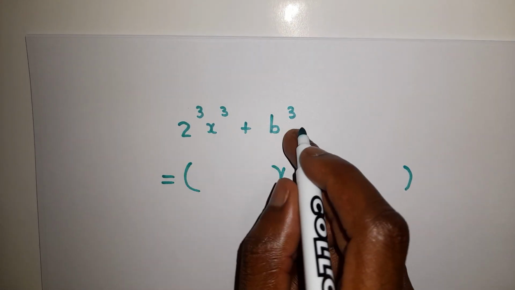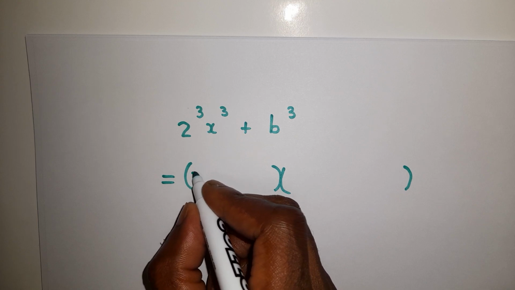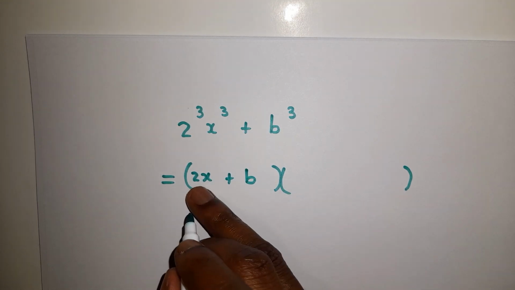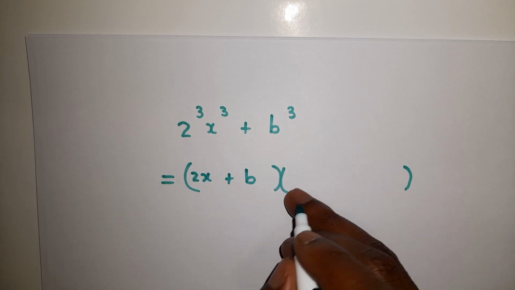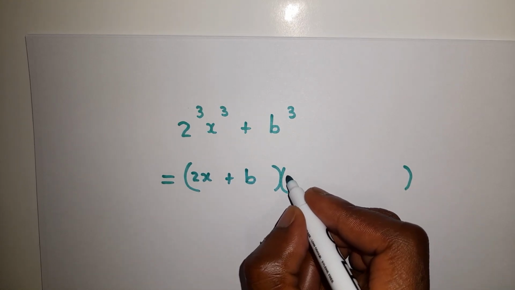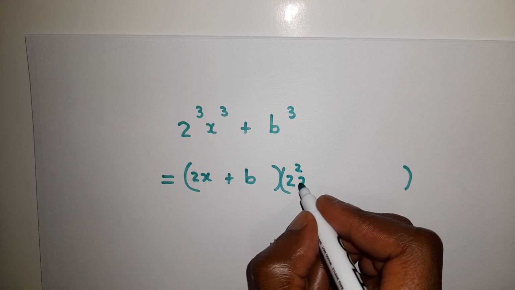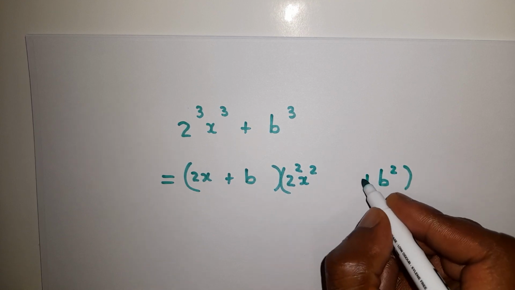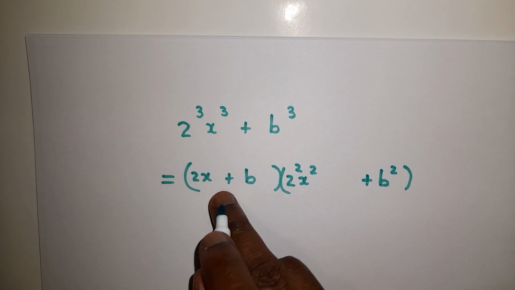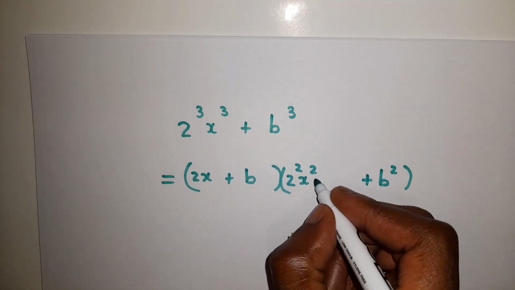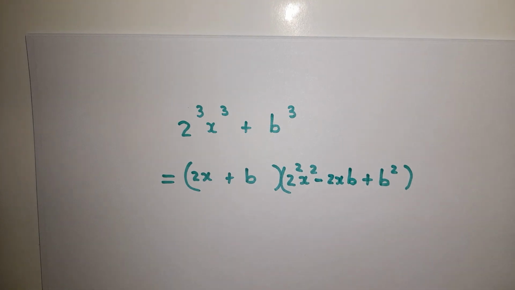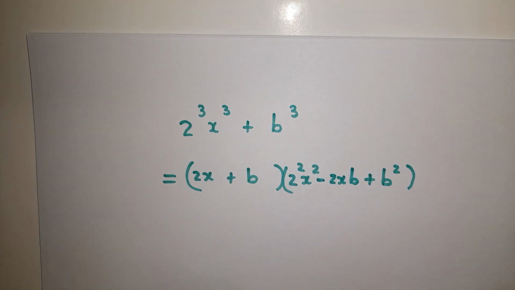I will have this without cubes, which means it's 2x plus b, exactly as it is. The first term and the last term squared here. So I'll have 2 squared x squared and b squared, always positive. Now you swap the sign, plus this becomes minus, and then you multiply these two, 2xb. Then this is how you factorize the sum of 2 cubes.